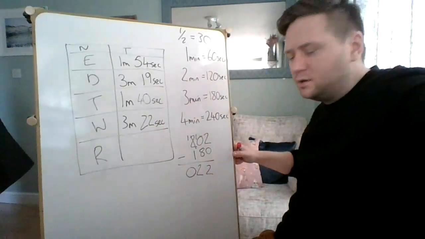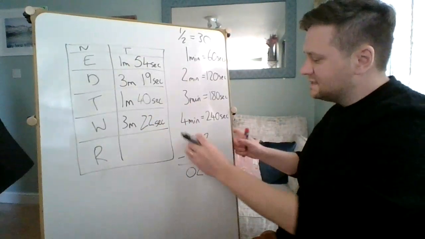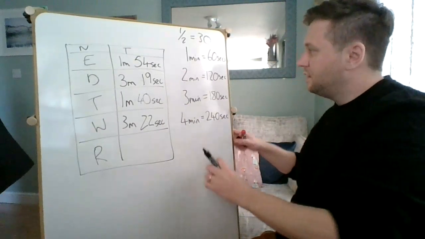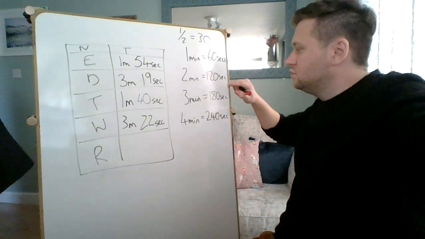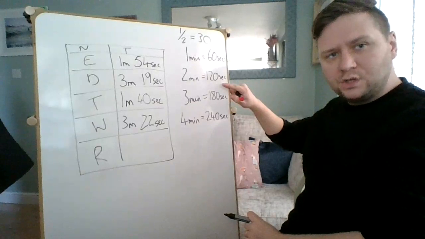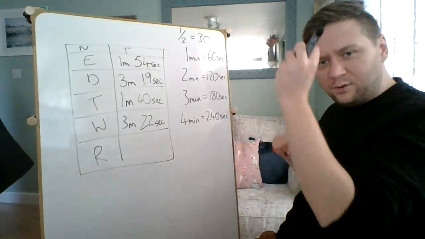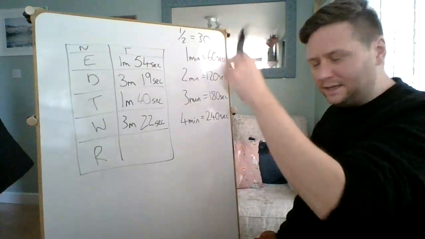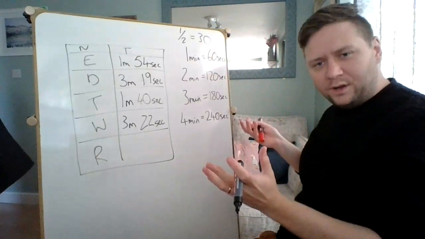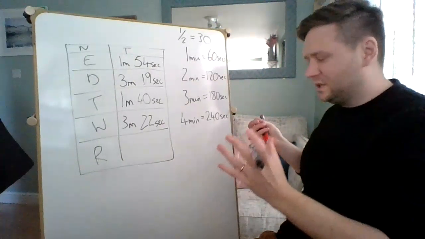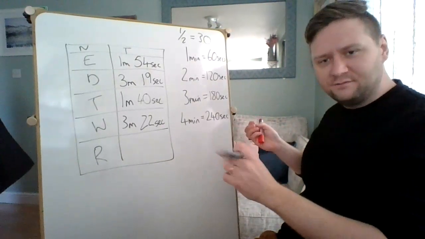And let's do Ron, 119 seconds. So I'm having a look, over 1 minute, 119 seconds, not quite 2 minutes. Some of you will have a light bulb moment, a little ping here, but we'll work out the maths before we know for sure what the answer is.